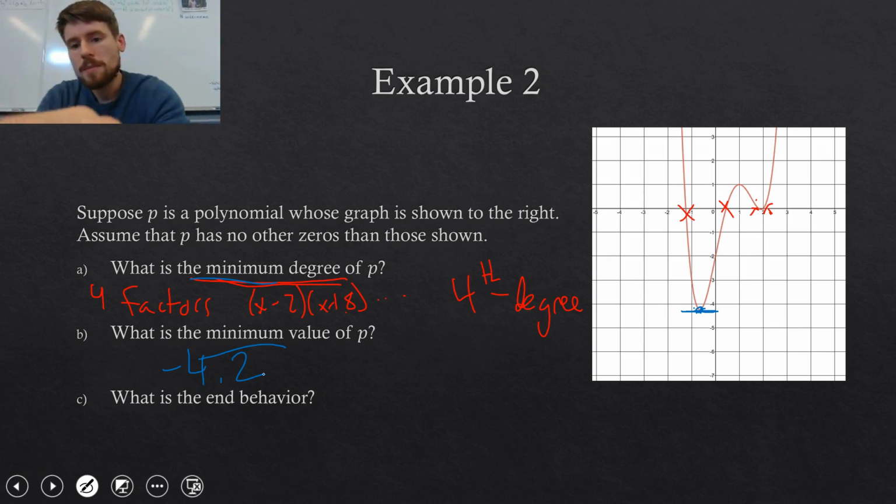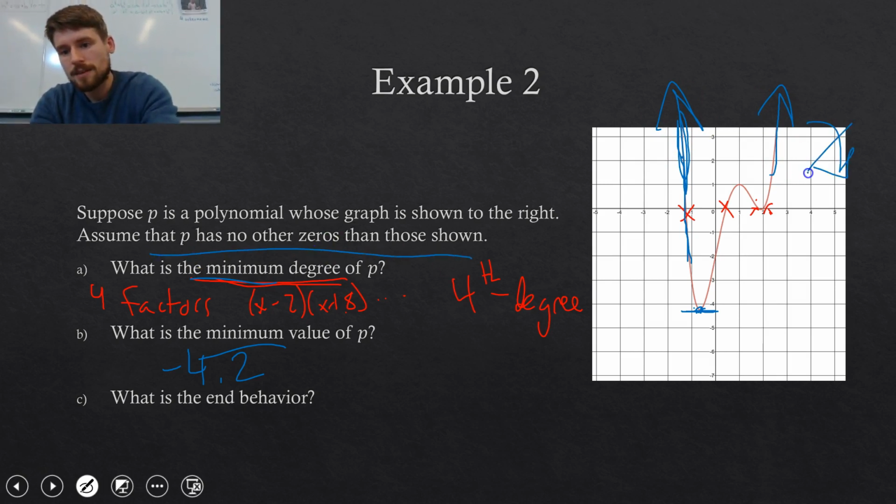So for end behavior, we note that as we go left, if I'm writing it like a roller coaster, as I go left, it goes up. As I go right, it goes up. Assuming that it has no more zeros, that means it doesn't do something like that or like that.